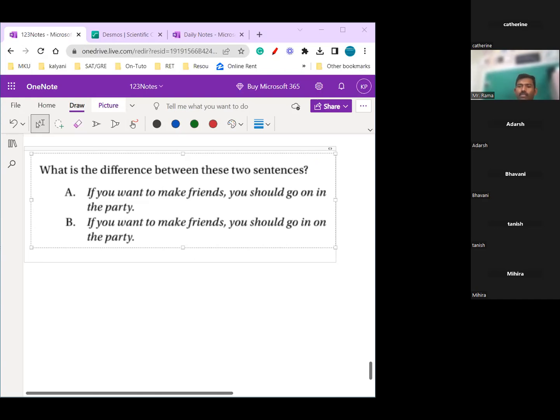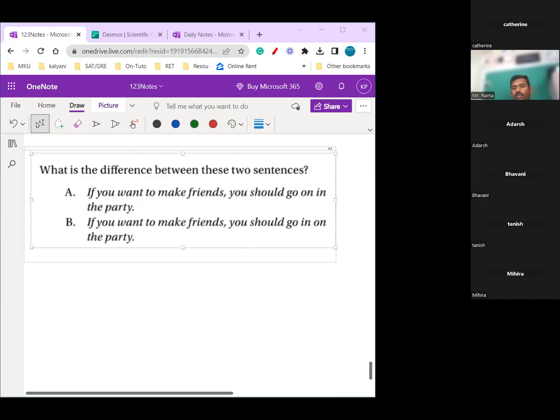When you tell someone to go on in, you're giving him or her casual permission to enter. So sentence A is casually inserting yourself into a social situation.